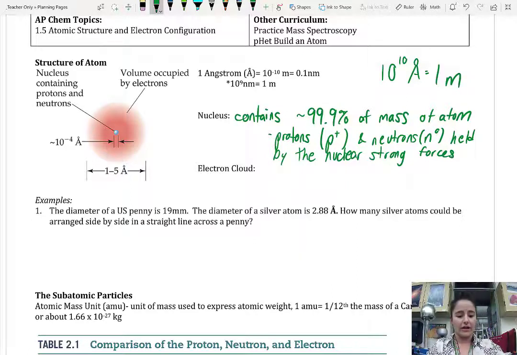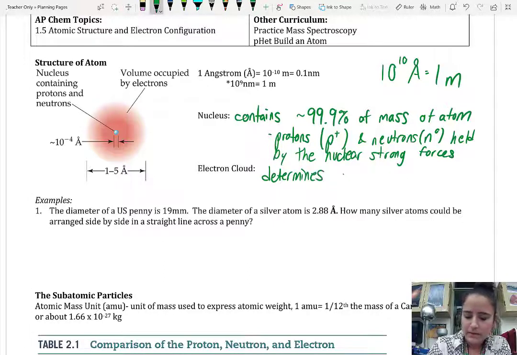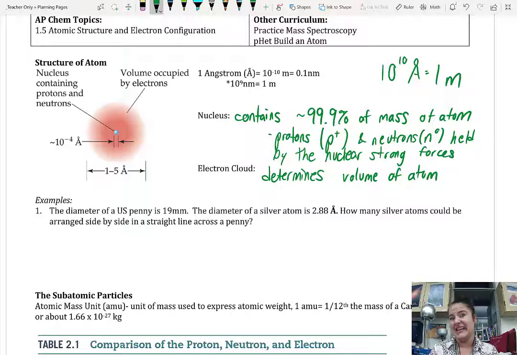Now, the electron cloud, which is around the nucleus, determines the volume of the atom. And it is a cloud of potential.